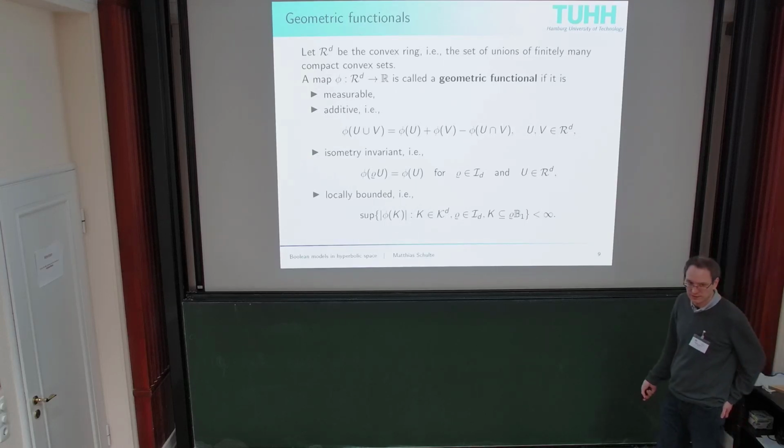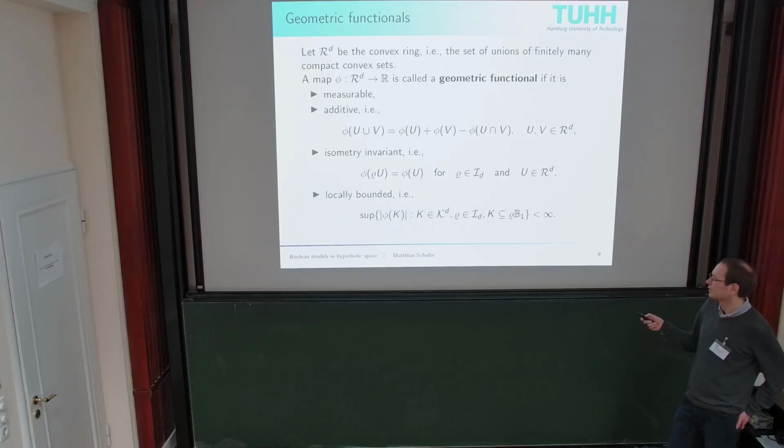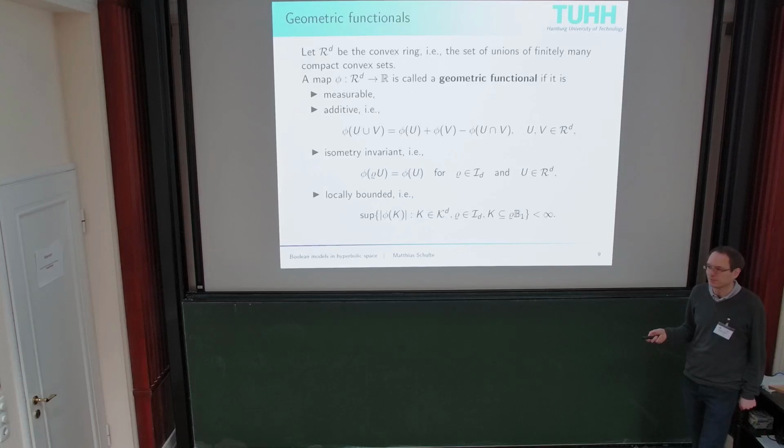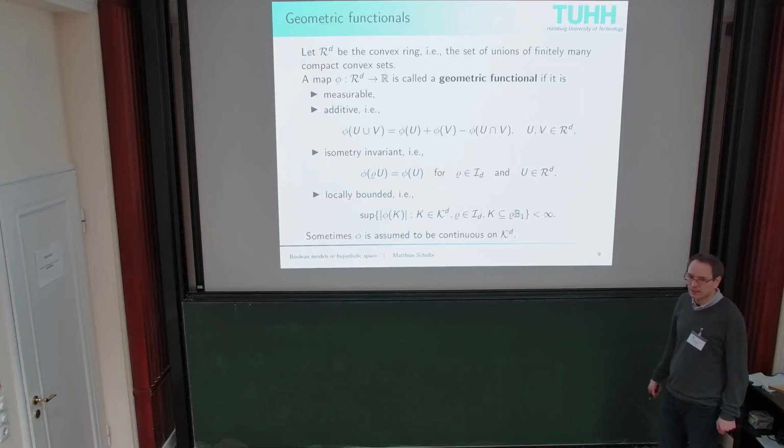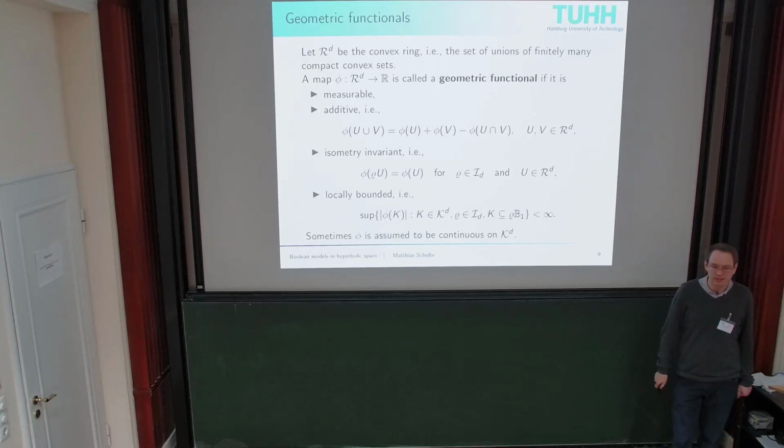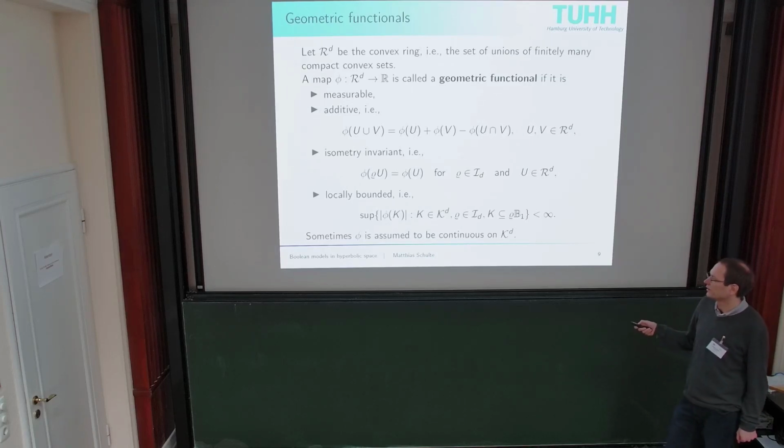Additive just means that it's a valuation. Then we assume isometry invariance, and finally local boundedness. And this means that the absolute value of phi of all compact convex sets that are contained within some ball of radius 1 are uniformly bounded. For some of our findings, we additionally need to assume that phi is continuous on K^d.